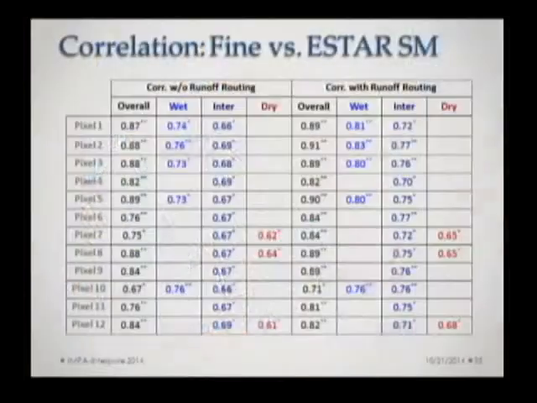And this is with the measurements. This should actually be coarse versus the measurements, sorry. So with the measured soil moisture, the lowest was about a 60% match, which is pretty good for our usage. This was without the runoff, and with the runoff it was about 70-something.